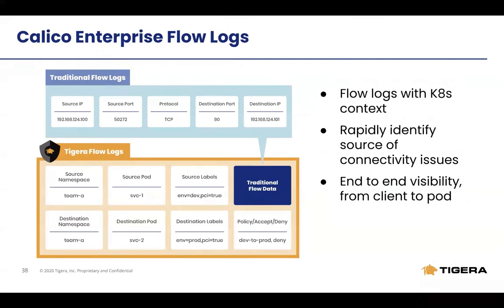Not only do we collect the traditional 5-tuple data points around the source and destination IPs, but as you know, those are going to be dynamic, and there's no easy way to pinpoint those to the actual application and the pod and so forth. So we collect those, but also we collect the source and destination pod names, service name, namespaces, labels, and of course the policy that is going to allow or deny that traffic.